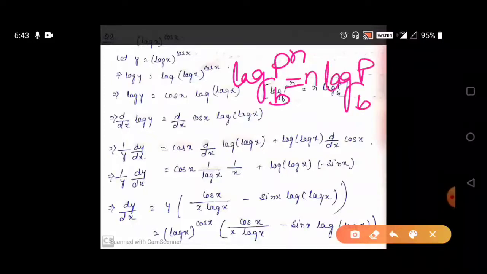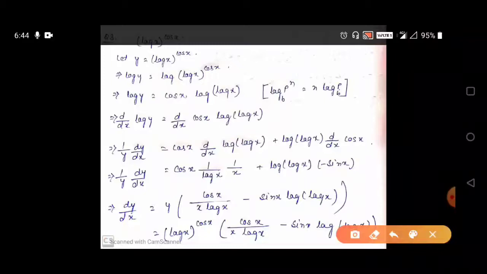So here we can write cos x log x, because in place of p we have log x and in place of n we have cos x. So we can take cos x here and we can write log x.